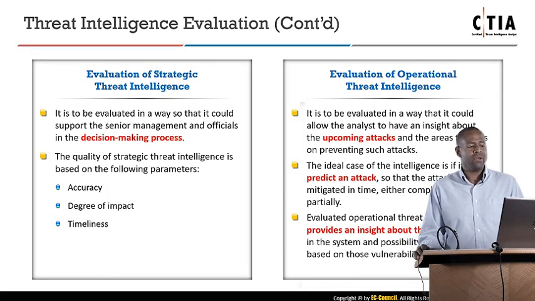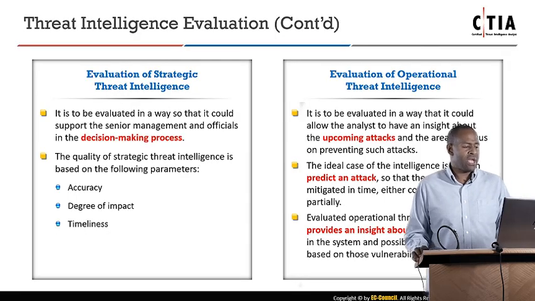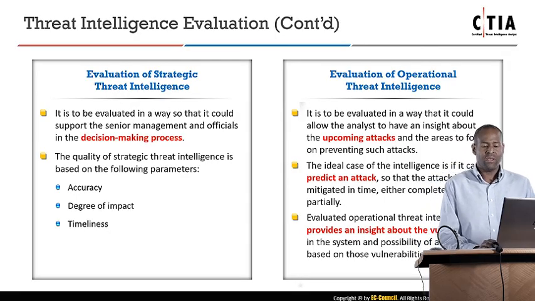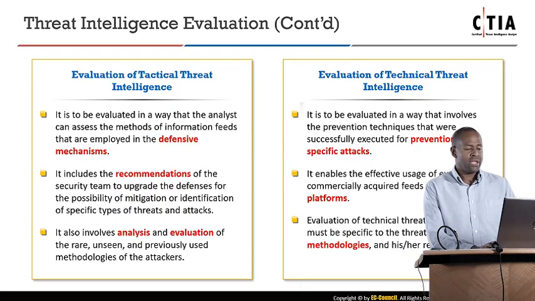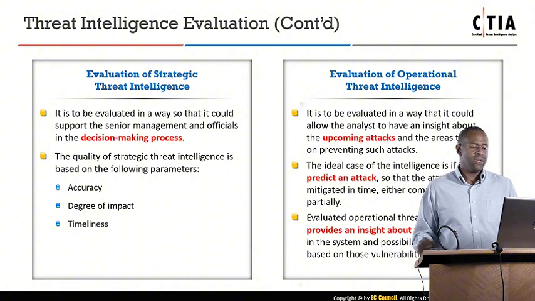Furthermore, in the area of threat intelligence evaluation, we have strategic, operational, tactical, and technical intelligence. And this is something that we've talked about several times, so I won't spend too much time on each of them.